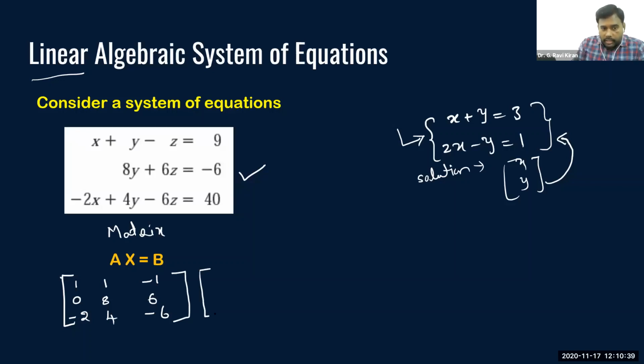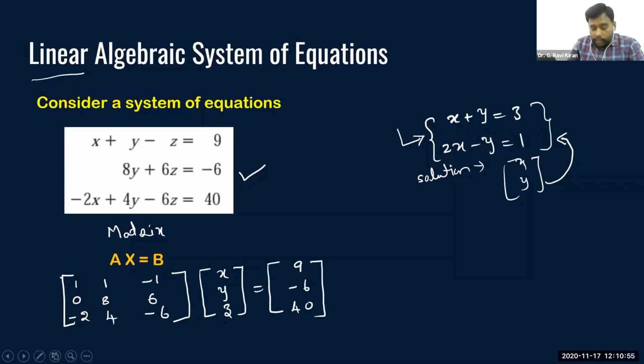And what is matrix X here? X is the set of all unknowns, x, y, z. And this is equal to some right hand side matrix. The right hand side values here are 9, minus 6, and 40. Now, after writing it this way, you have a few different methods to solve this system of equations.